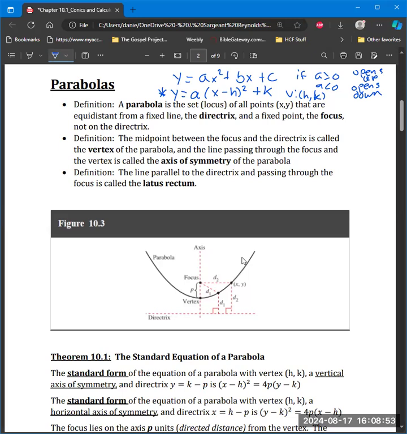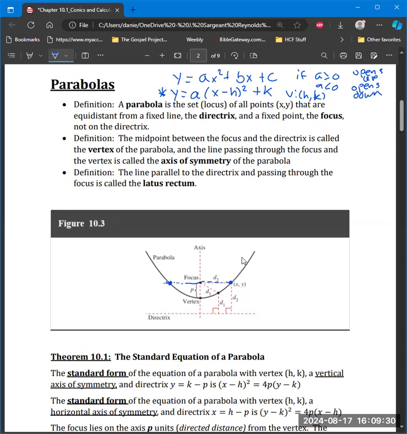I want to tell you about one other definition that's not explicitly defined in your book, and I'm going to draw it here. There's this other line parallel to the directrix and passing through the focus called the latus rectum. It is this line that I'm going to sketch in blue right here. It's going to touch at two important points there. We talked about this in our pre-calculus videos.